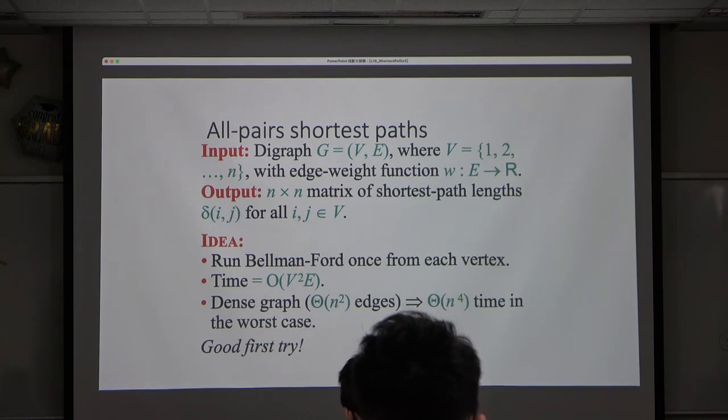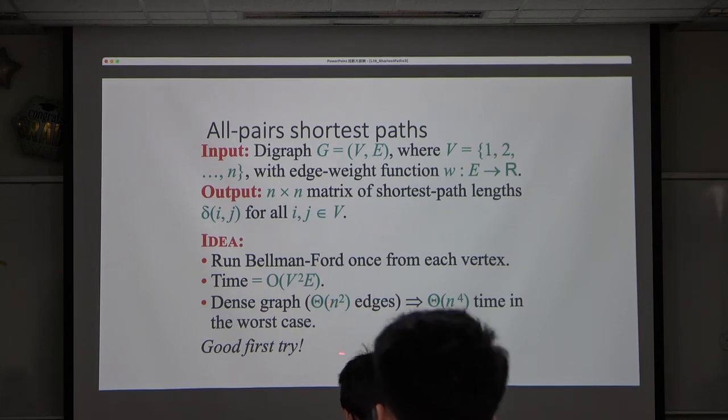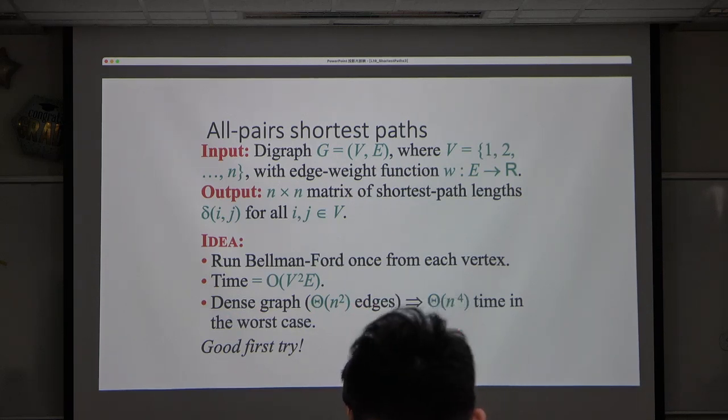If it's a dense graph, dense graph means E is on the order of n squared, then the time complexity is going to be n to the power of 4 in the worst case.